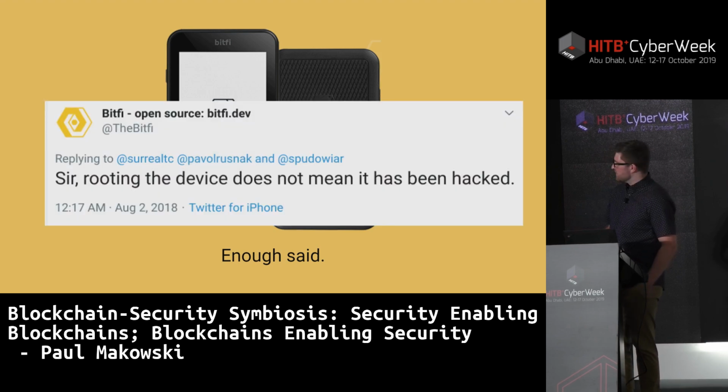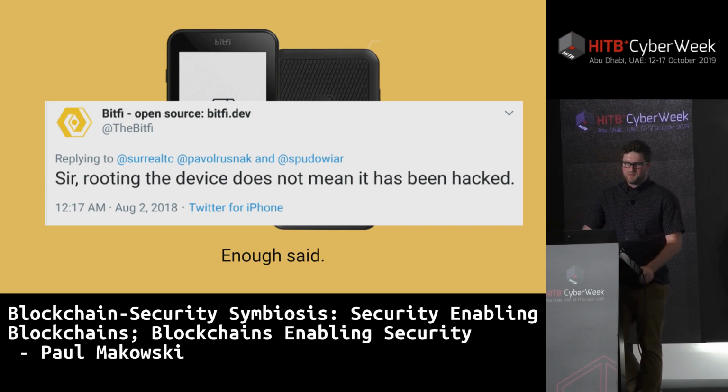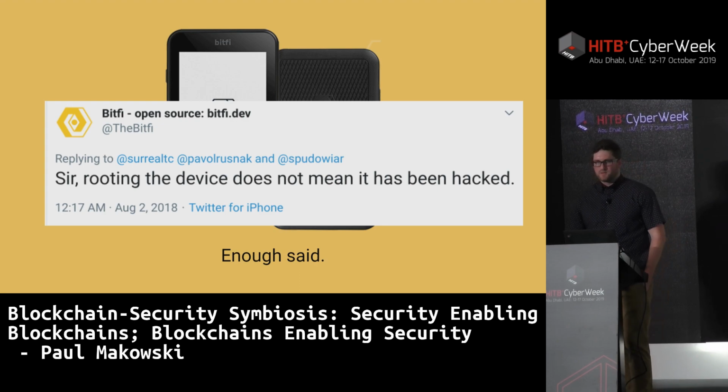They don't really get security in general. So this was kind of a fun little Twitter saga. John McAfee, if you're familiar with him, was endorsing this product and offered a $100,000 bounty if somebody could hack it, and somebody did. Their Twitter said, rooting the device does not mean that it was hacked.